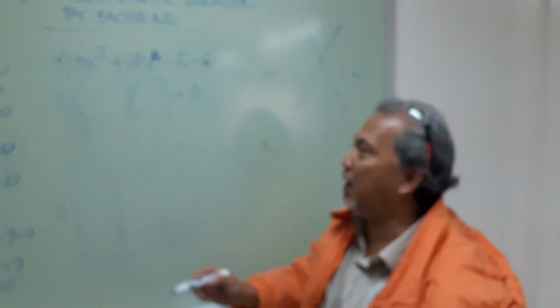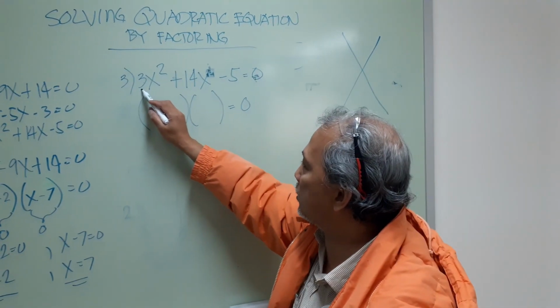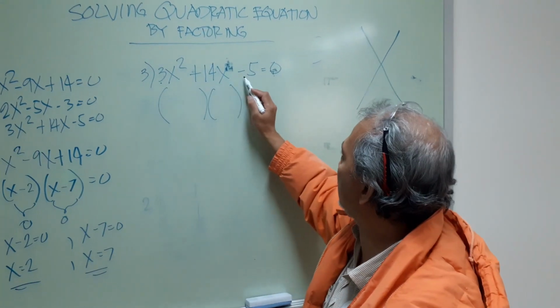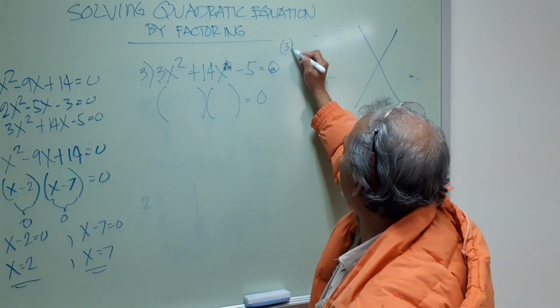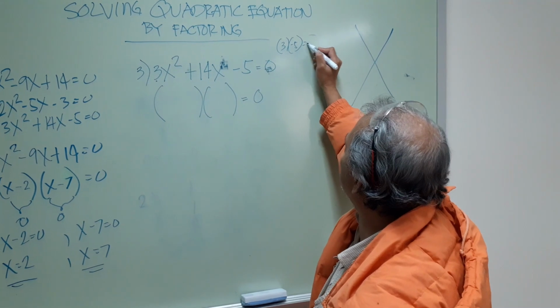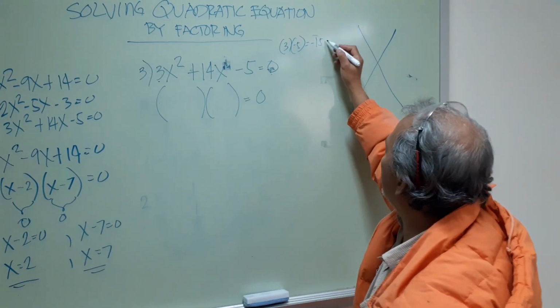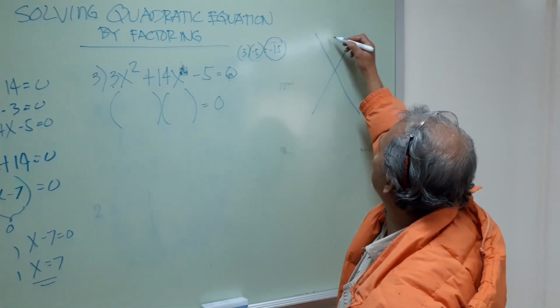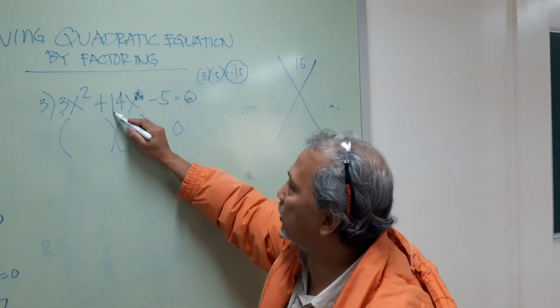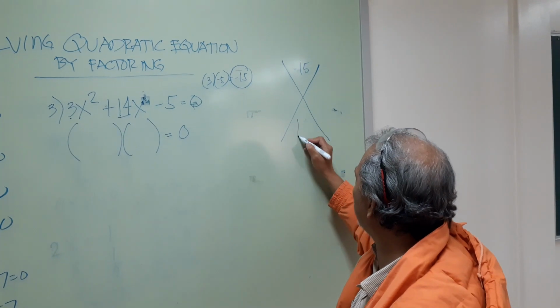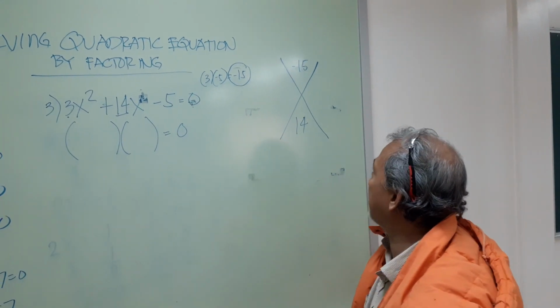So let's multiply our first coefficient, which is 3, times negative 5. So 3 times negative 5 is equal to negative 15. Let's put this negative 15 at the topmost of your x. And your second coefficient, which is 14, put it at the bottom of your x.